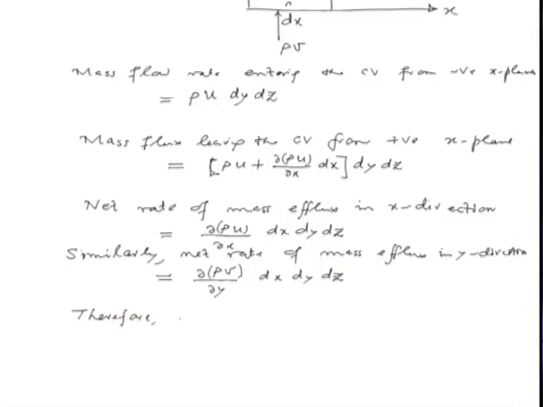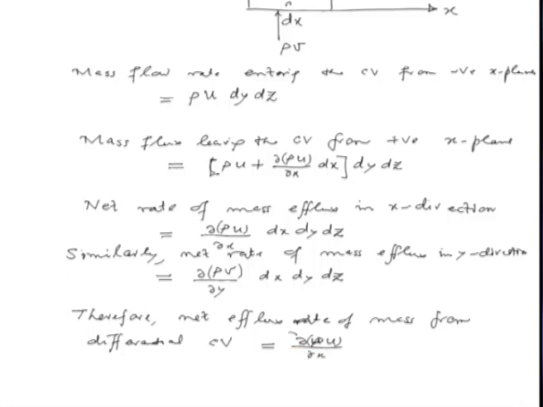So therefore net efflux rate of mass from differential control volume is equal to del of rho u over del x plus del of rho v over del y plus del of rho w over del z, multiplied by dx dy and dz.